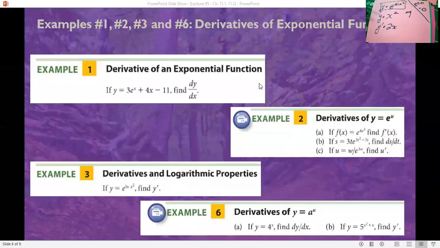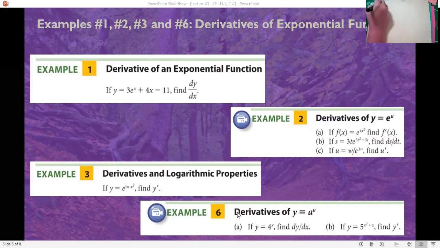Let's do a couple of examples of finding the derivative of something that has a base other than e, like for example, 4 or 5. Starting with example 6a, where we're asking you to figure out y prime if y equals 4 to the x.